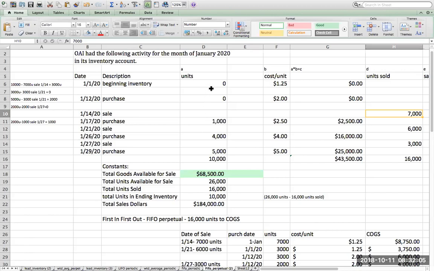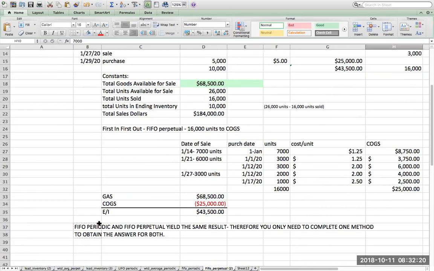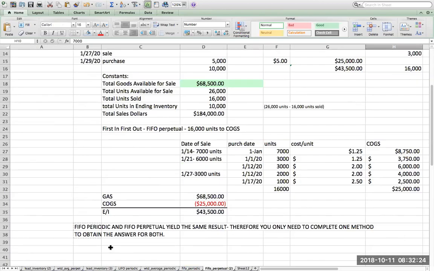For FIFO, because we're always taking the first goods and expensing those to cost of goods sold first, periodic and perpetual will not make a difference. So FIFO periodic and FIFO perpetual will yield the exact same result. Therefore, you only need to complete one method.